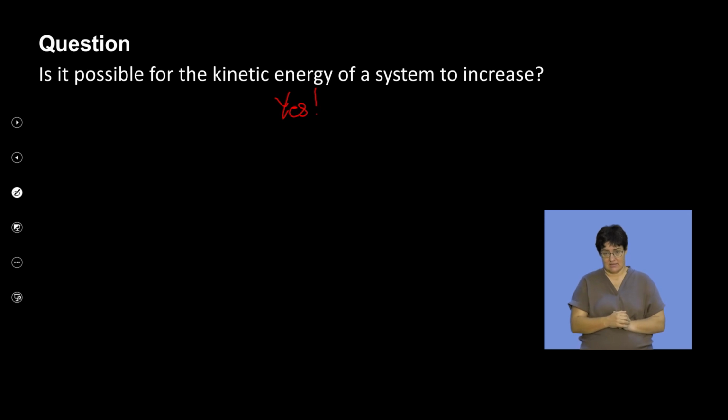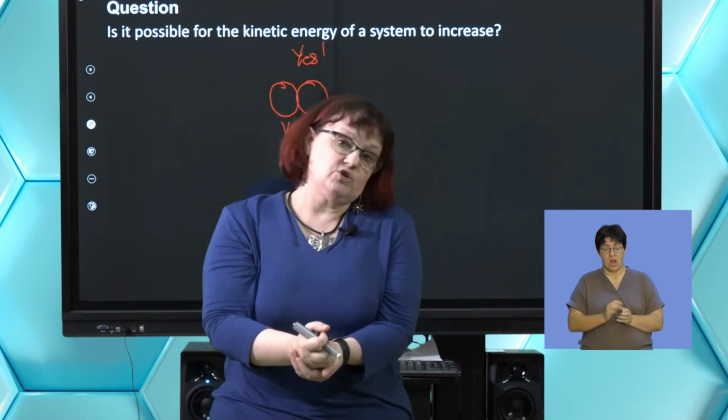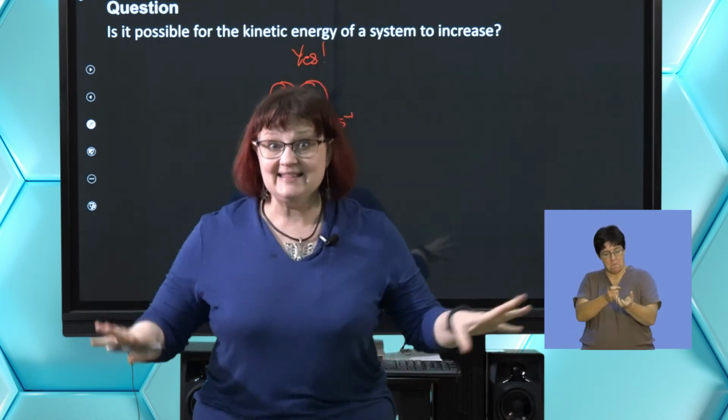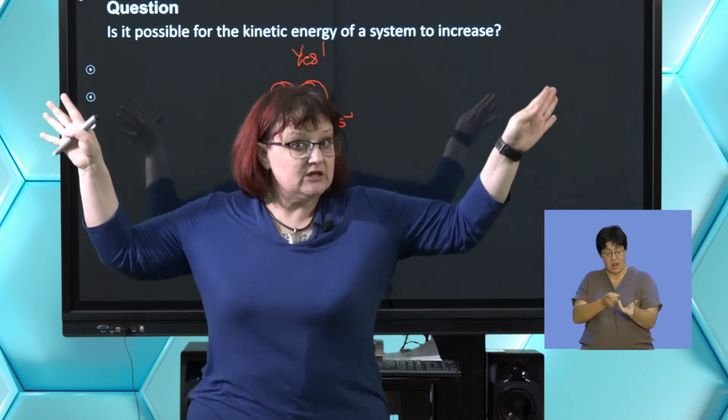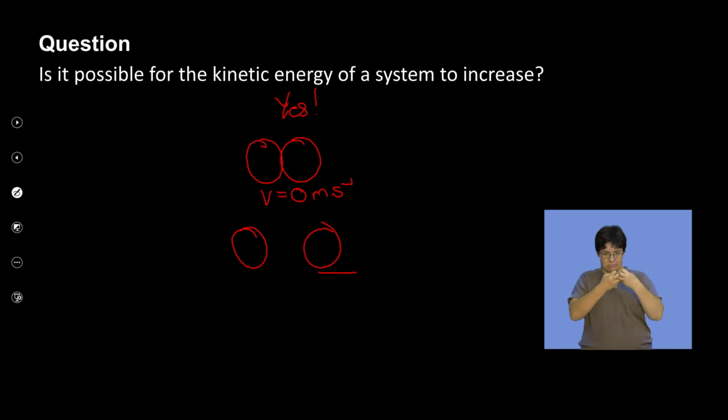If we have two objects that are together, so they're stationary together, this initial velocity is 0. So at the moment, this system has no kinetic energy. If I now exert a force on them, so say I push down on them or there's a spring between them, and I let that go, and now the two objects go off in a different direction, so they split. What happens now?